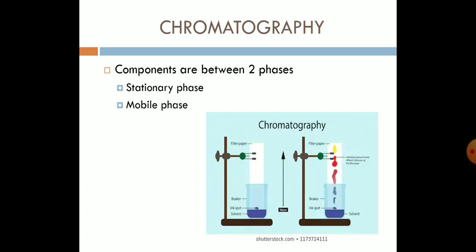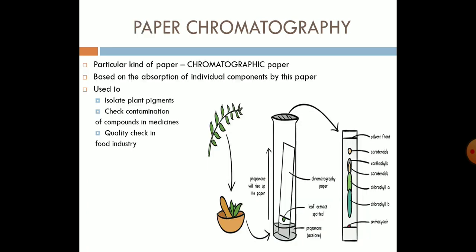Now we'll see the example of paper chromatography. We use a particular kind of paper, and it is based on the absorption of the individual components. That is, the paper will absorb the components individually.